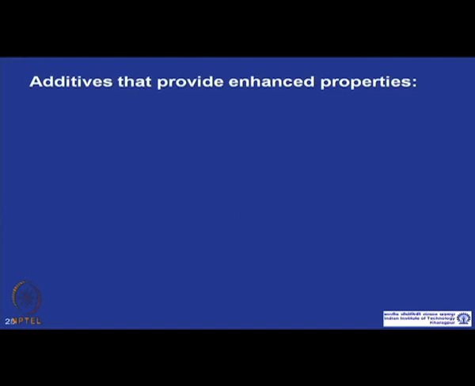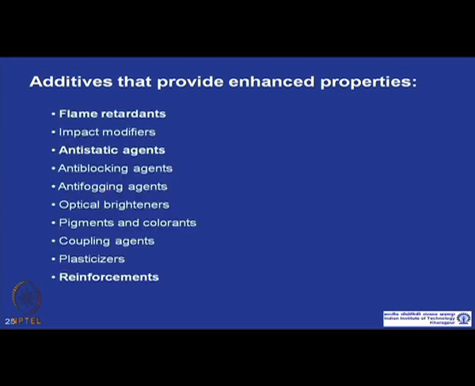As I said earlier, numerous additives are added to enhance the properties of polymers, and there could be a list of many such additives. For example, flame retardants, which help in reducing the flammability of the polymers.